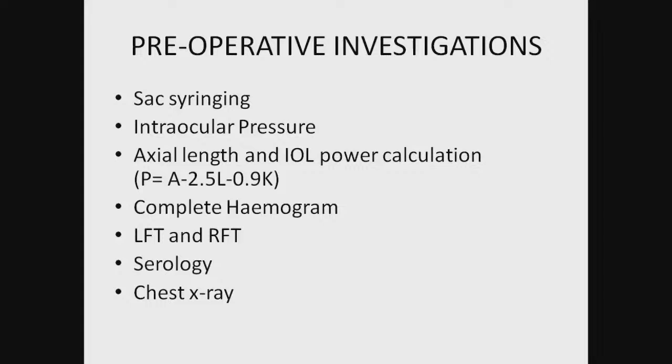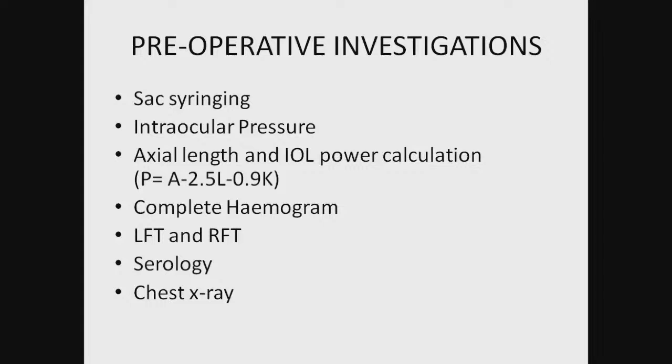By these investigations we come to know whether the patient is fit for the surgery or not. These are local investigations and systemic investigations. In systemic investigation we do blood investigations, like the basic investigations: hemoglobin, TLC, DLC, ESR.